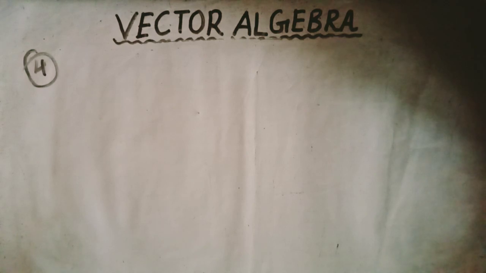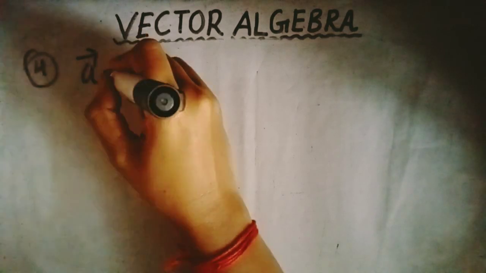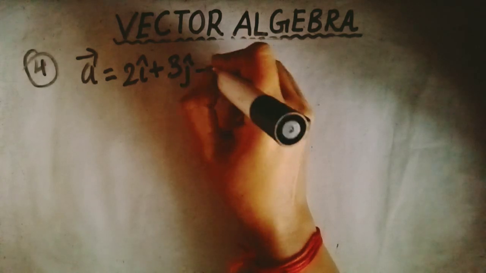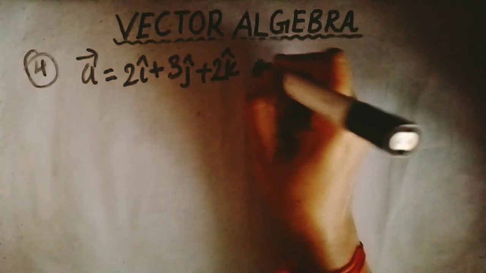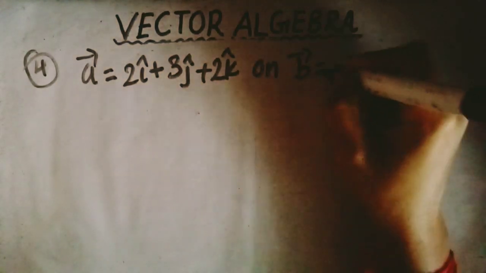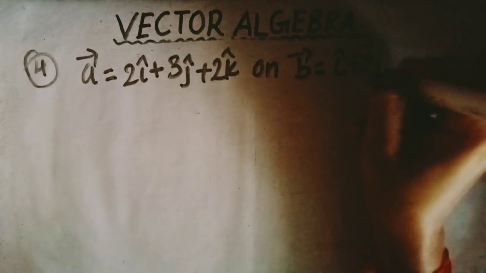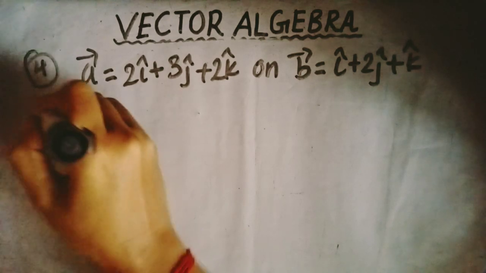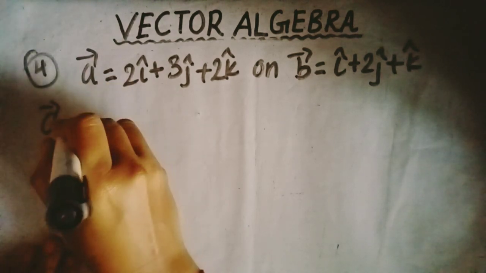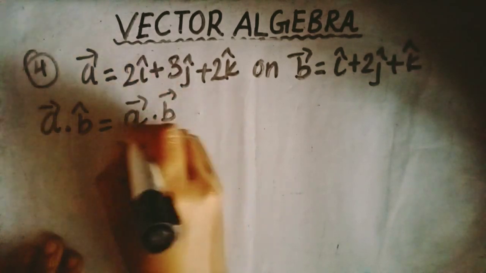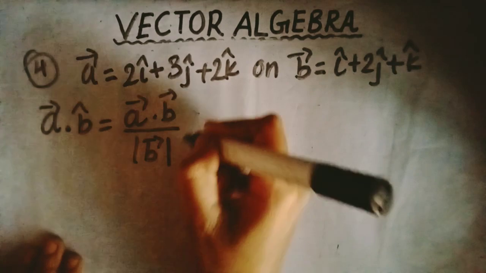Next question. Find the projection of the vector A, 2i plus 3j plus 2k, on vector B, i plus 2j plus k. Okay, so projection of A on B is given by A dot B cap, which is written as A dot B upon magnitude of B, right?